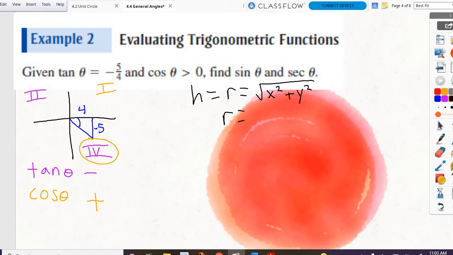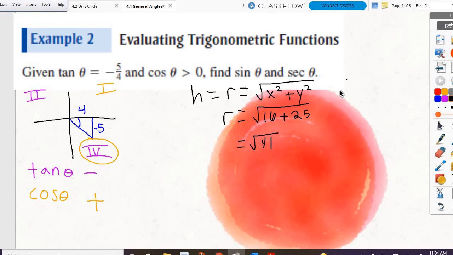So r equals the square root of 16 plus 25, which is the square root of 41. Can we reduce that? Nope. So that's going to be my r value. And then this time they ask us to find sine and secant.